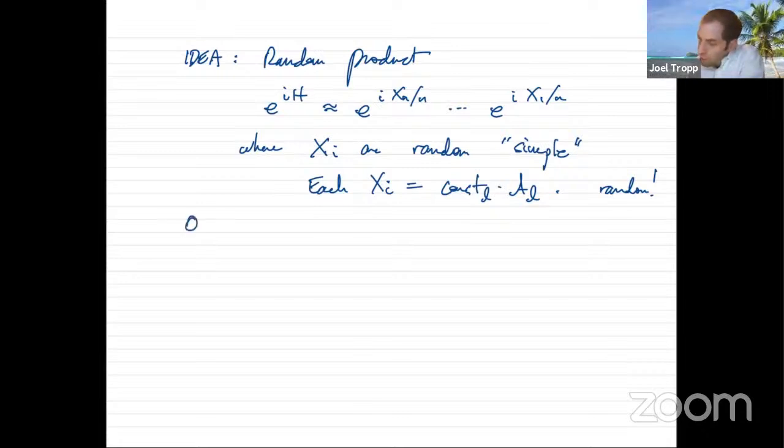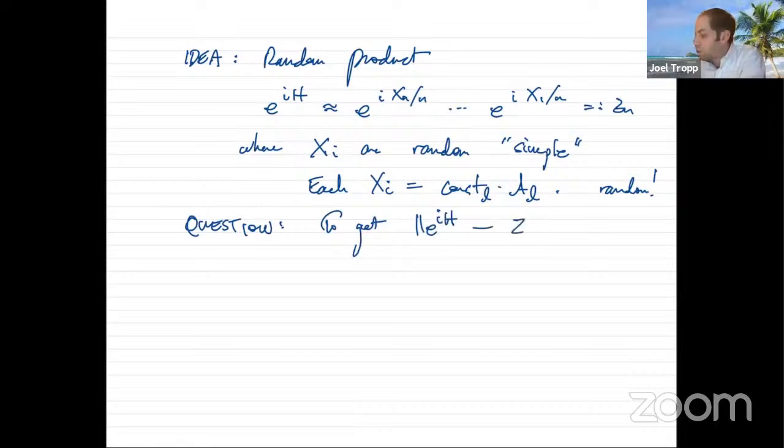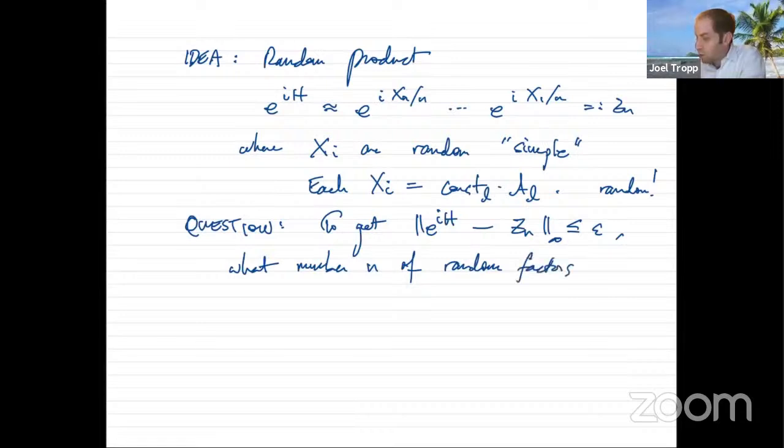And so the question now is, if we want e to the iH, the true unitary we're trying to approximate, to be close to Zn in spectral norm, what number n of random gates, or maybe I should use a more mathematical term, random factors, do we need?